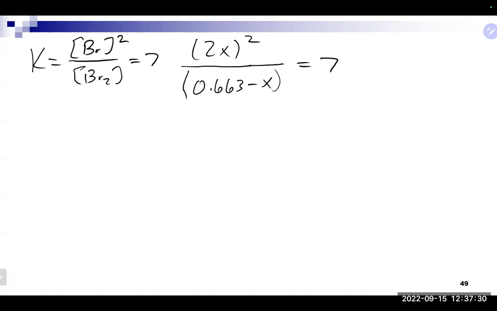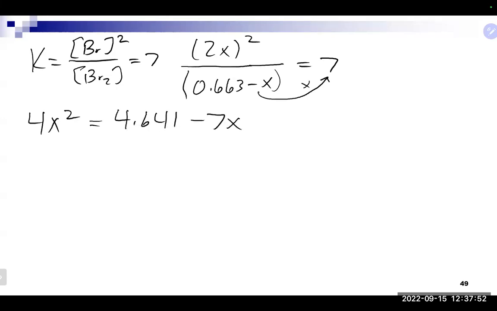Is this a perfect square? It is not, right? So in this case, we do need to multiply the bottom to the other side. We're going to take 4X squared up on top, and multiply everything from the bottom to the other side. When we do that, I believe it's 4.641 minus 7X.